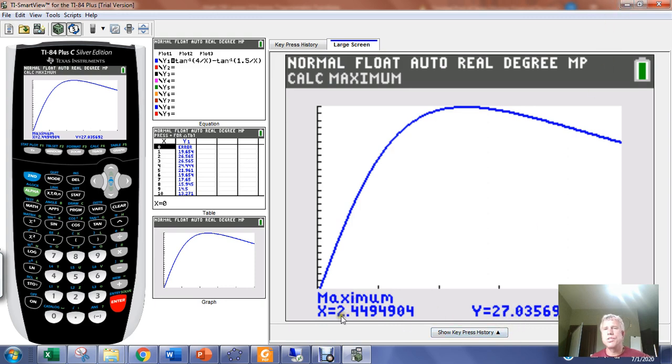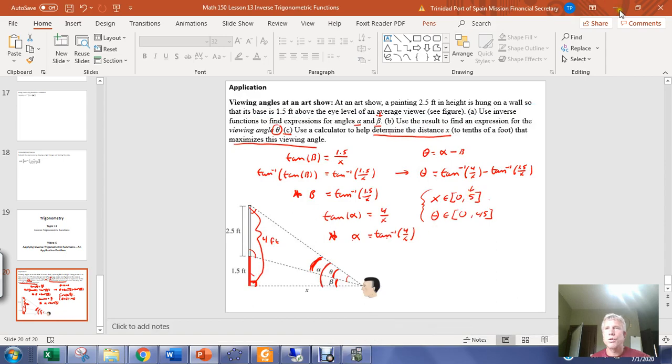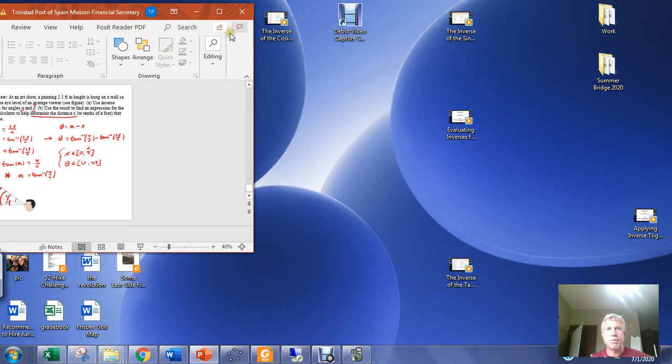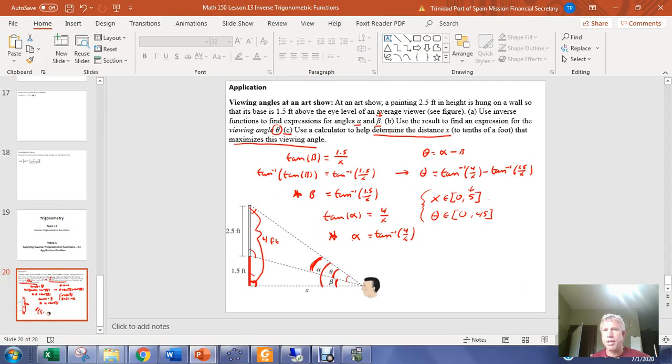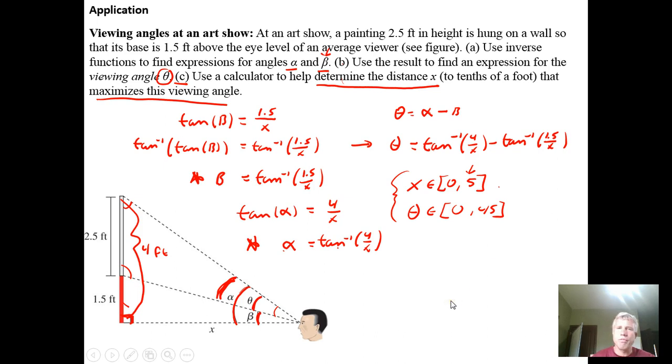So you can see 0 to 45 degrees was too much. And we knew it was, but it was reasonable and gave us a good usable picture. So you wrap the problem up once you do that, and it's a story problem, so I just want to finish with a sentence.